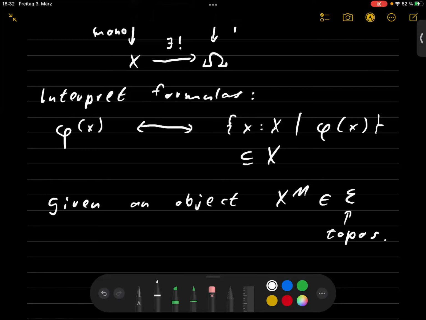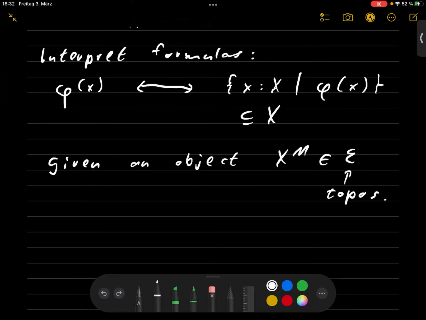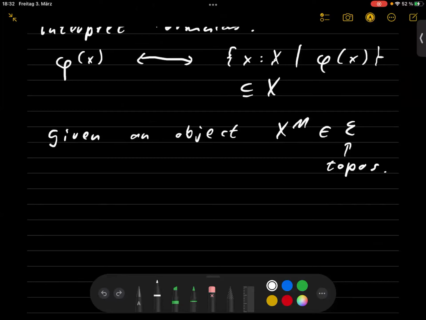And this X to the m just means that we have interpreted this sort or type X in the topos. And we assume that all the possible things that could appear in phi, like functions and relations, are also suitably interpreted as morphisms and relation symbols. If we do this and assume that this works at least with the phi, then we can say what it means that the formula holds. So we say that E satisfies the formula phi.